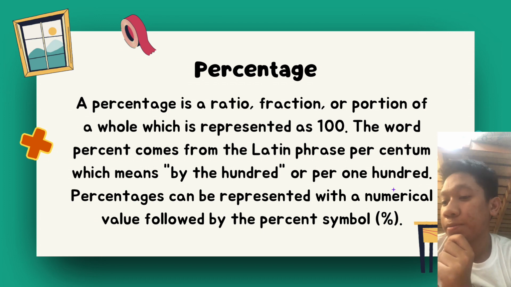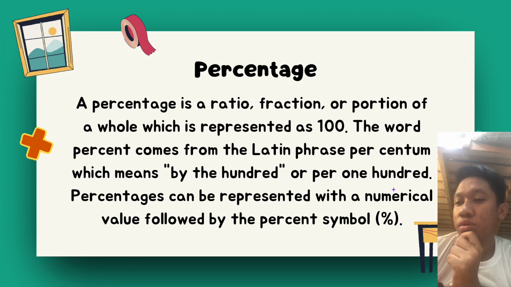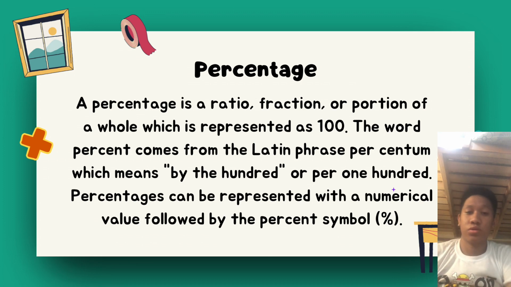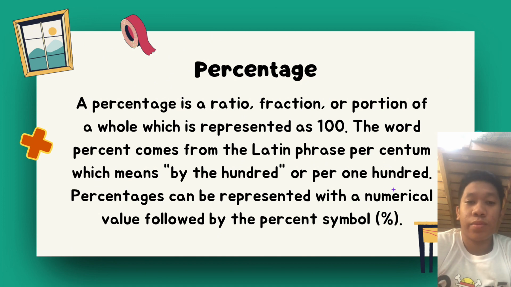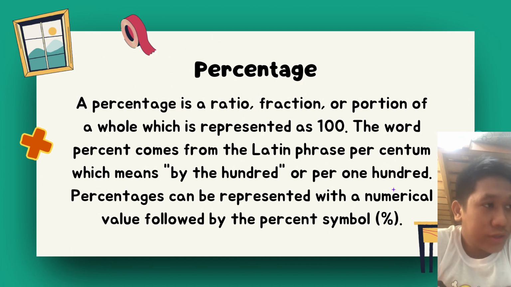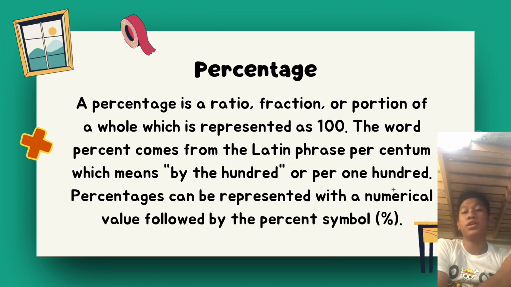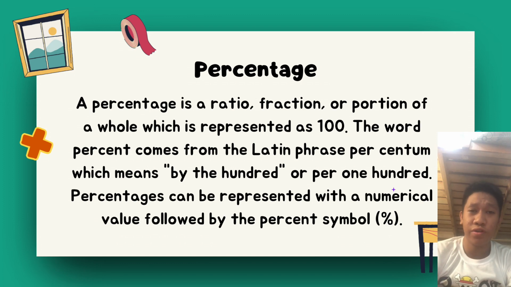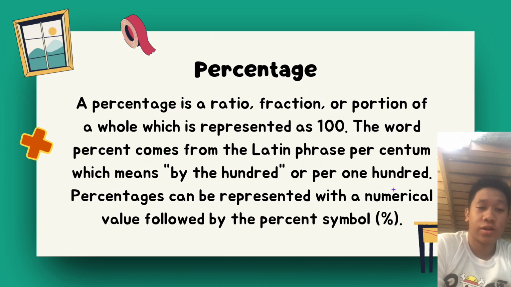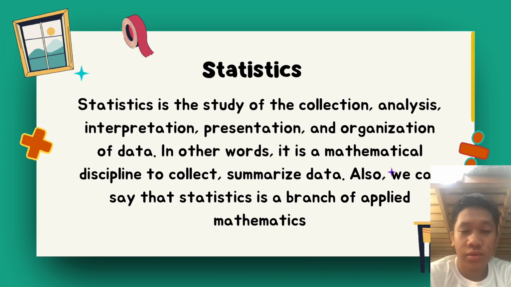Therefore, the percentage of the male students in that room is 75%, and the girls, which is 100 minus 75, is 25. Therefore, the percentage of the girls there is 25%.